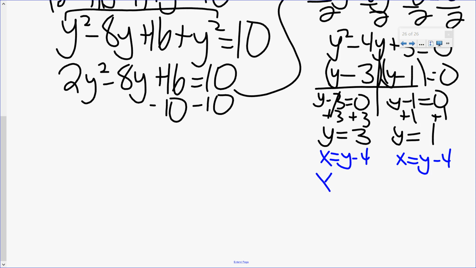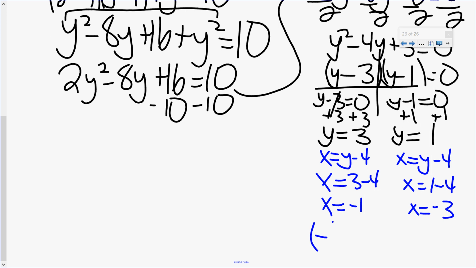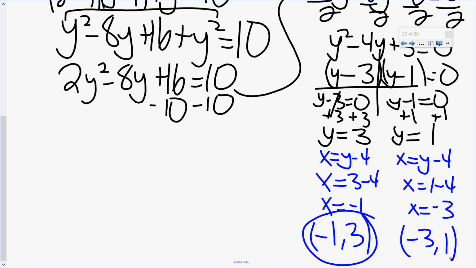So I get x equals 3 minus 4, x equals 1 minus 4, x equals negative 1, x equals negative 3. And to write my answer, it's always the x-coordinate, comma, the y-coordinate. And then here, the x-coordinate, comma, the y-coordinate.